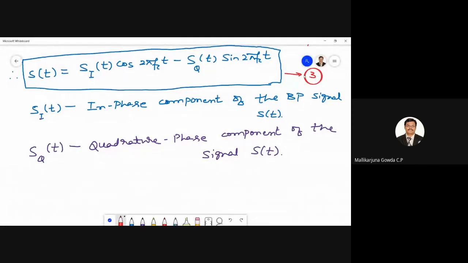No one has got the doubt? When I wrote equation 2 in Cartesian form, s tilde of t is equal to si of t plus j into sq of t. So when I am saying both the signals si of t and sq of t are real valued low pass functions, somebody might have got the question that sq of t is with the imaginary part, right? So hope it is clear now. How do I say both are low pass functions?